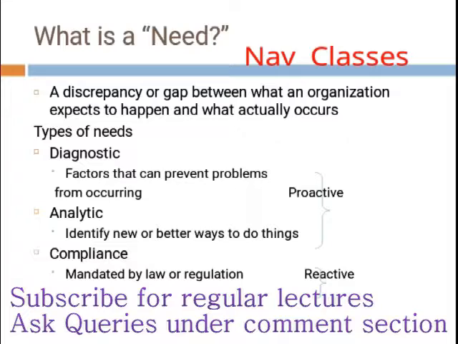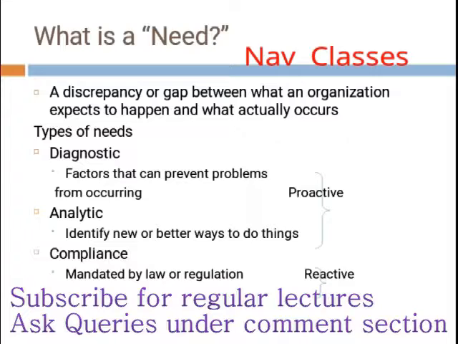Whereas reactive means the problem occurs, the problem is already there in the organization, and then there is a need to solve that problem. So under reactive, the problem is solved after the problem has already occurred, after the problem is existing in the organization.